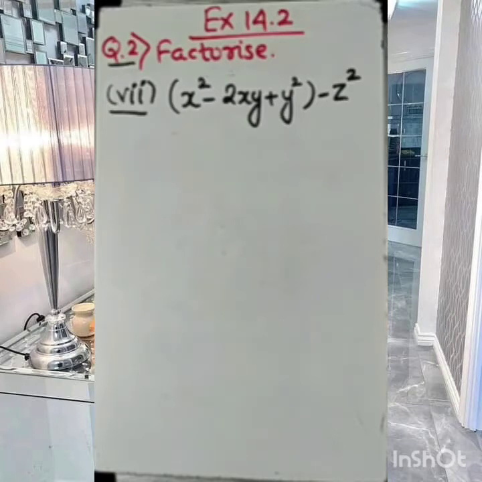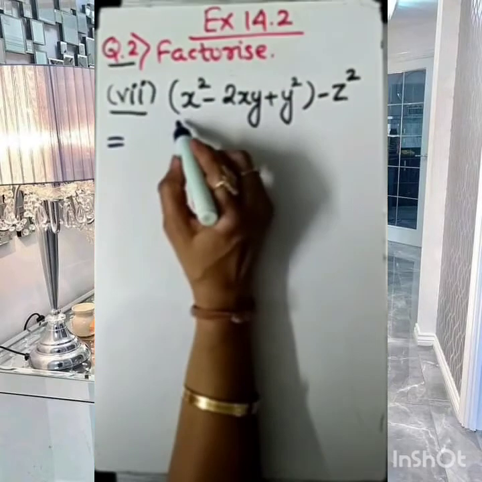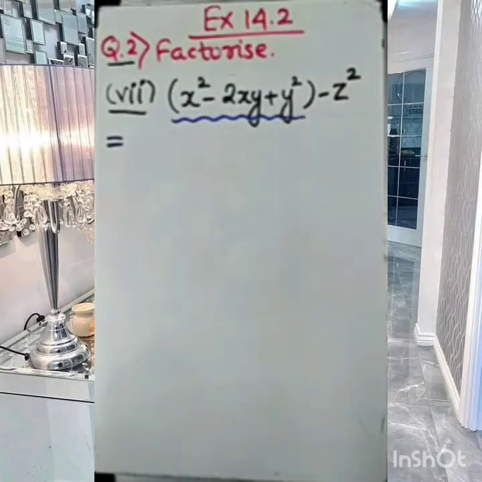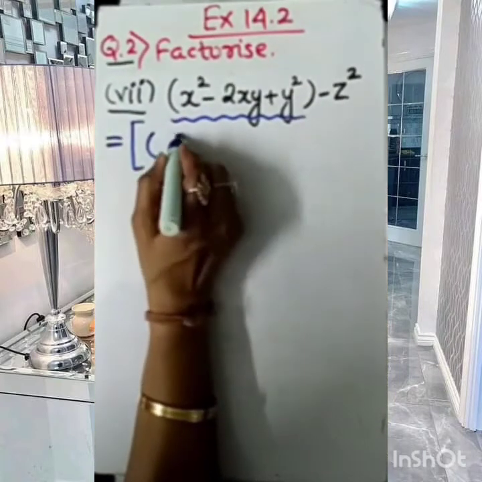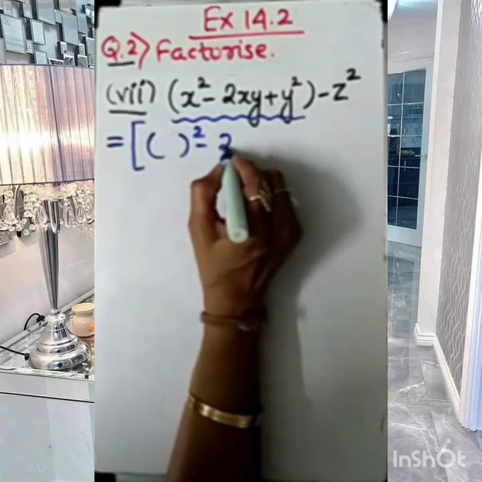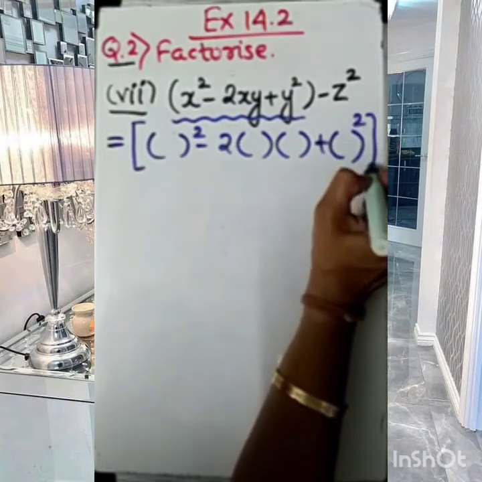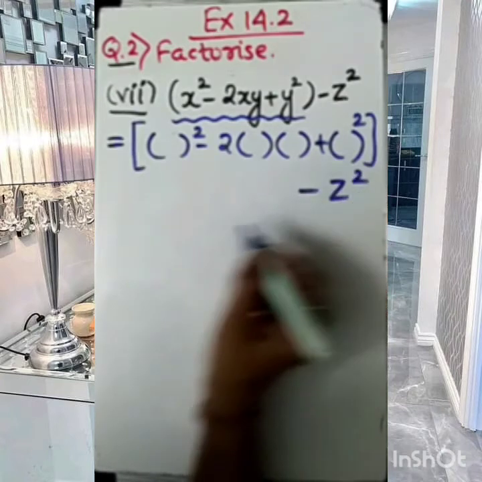You need to be a keen observer, dear student, because this first part is also a perfect square. This is the second identity we need to apply here: a square minus 2ab plus b square. We mention this in one bracket and let minus z square be as it is.